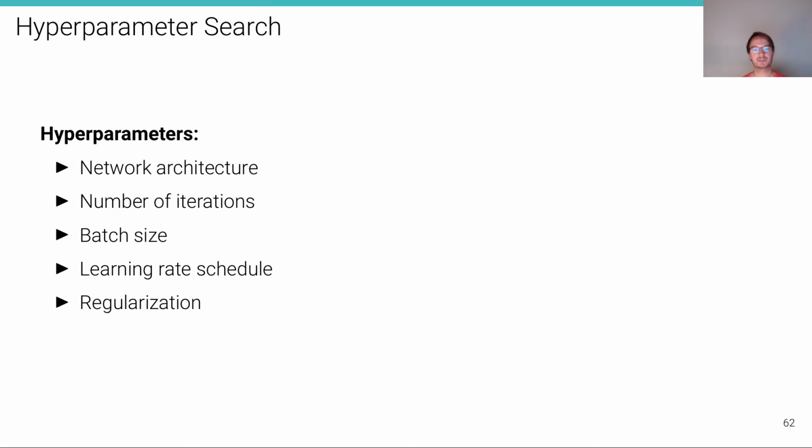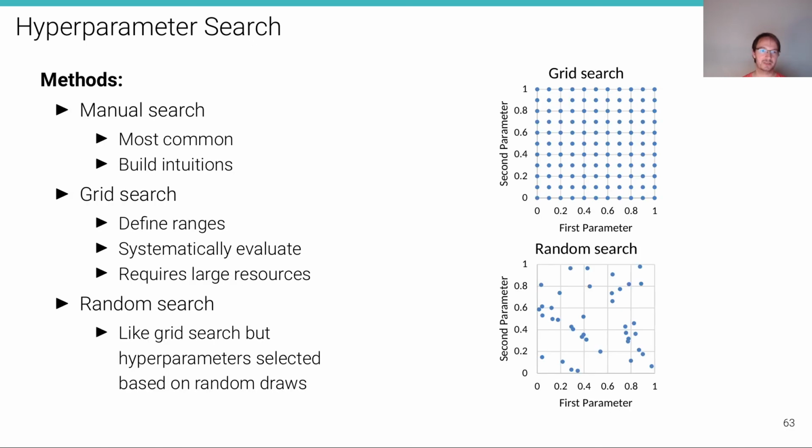So, for instance, the parameters of the neural network are not hyperparameters, but the network architecture itself, which is not optimized by gradient descent, or the number of iterations, or the batch size, or the learning rate schedule, or the weight of the different regularizers, is a hyperparameter. So we have fewer hyperparameters than we have parameters in our model, which is good, but there's still a significant number of hyperparameters to search the space efficiently.